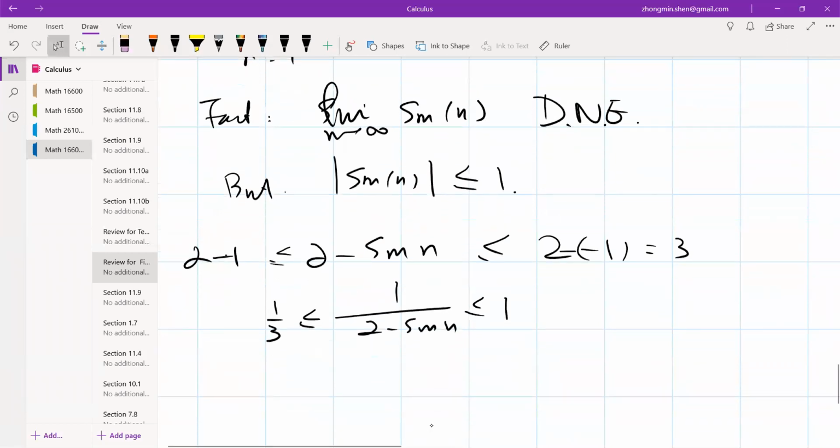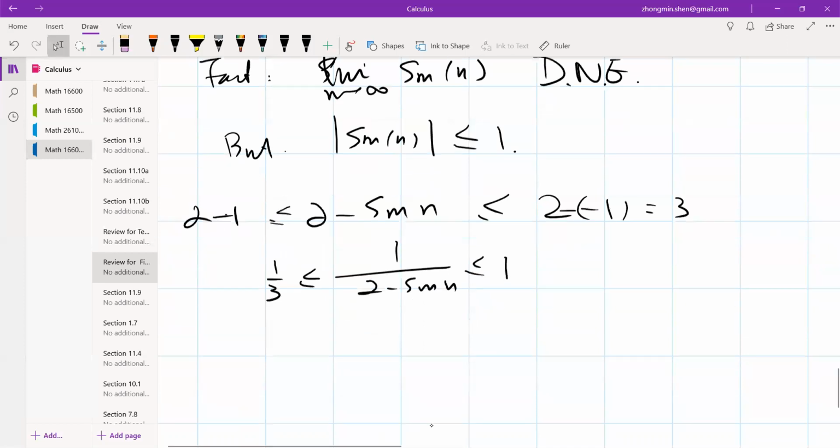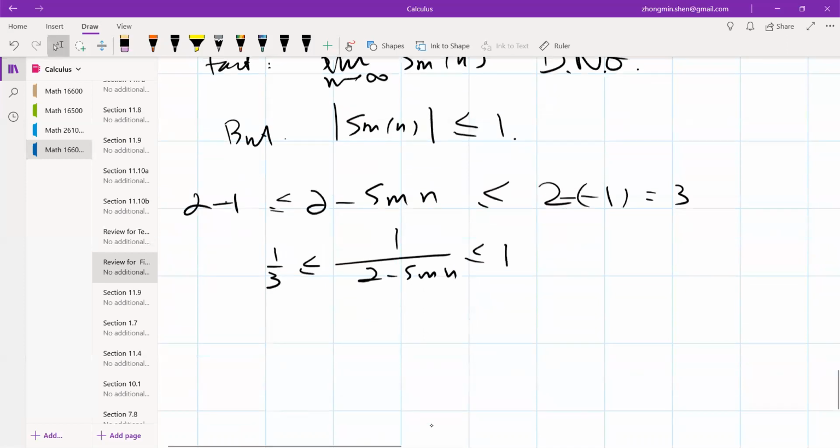So the nth term does not approach 0. Right? The nth term does not approach 0. Actually the limit does not exist because for sine n, the limit does not exist.